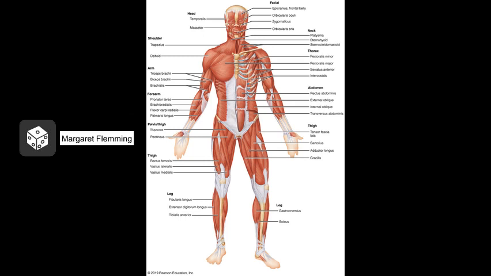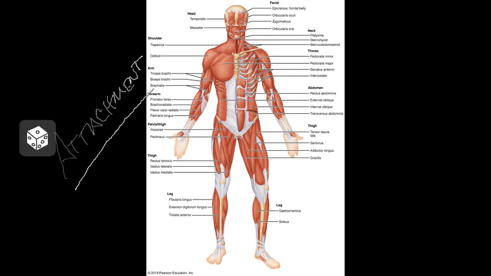We can name muscles according to where they are attached. So, attachments. My favorite one, I think, is a really cool name because it takes you through all three of the attachments. Sternocleidomastoid, the sternum, the clavicle, and the mastoid process.